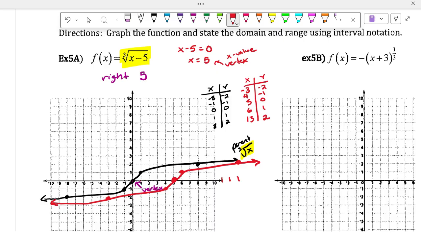So your basic perfect cubes that you can always rely on, at least with these graphs, are 0, 1, and 8. I doubt you'll see a graph where you have to go all the way up to like 27 or 64 or anything. So typically 0, 1, 8, those are the perfect cubes you want to shoot for under the radical. And then the negative version, so 0, negative 1, negative 8.